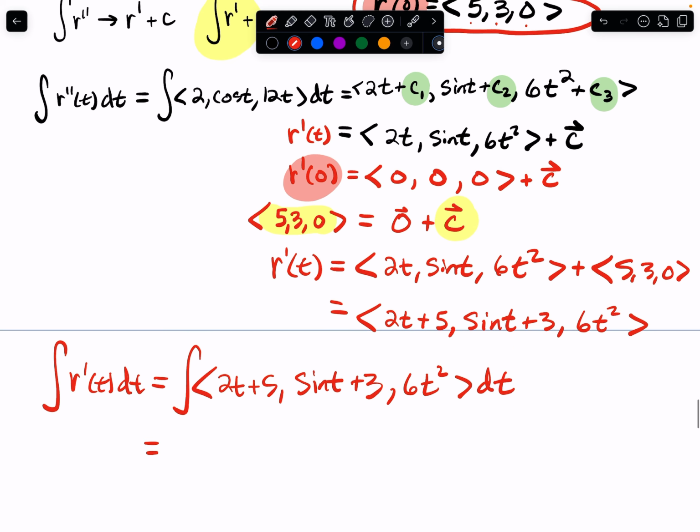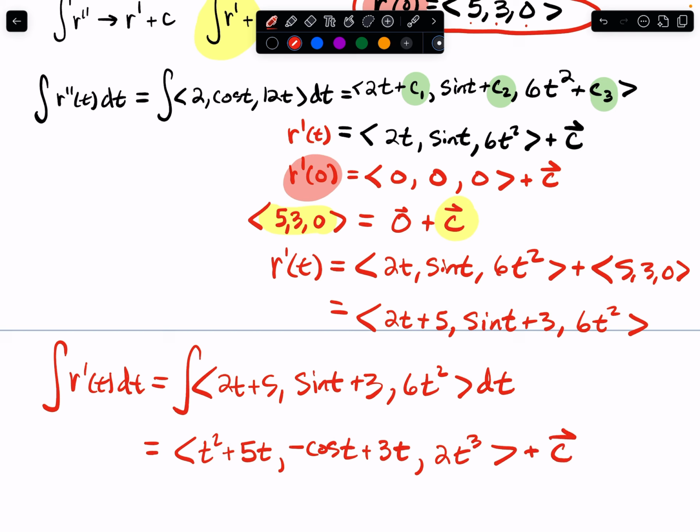And when I integrate this, I get t squared plus 5t, comma, integral of sine is negative cosine t plus 3t, comma, integral of that t cubed divided by 3, so that's 2t cubed, okay, plus my c.